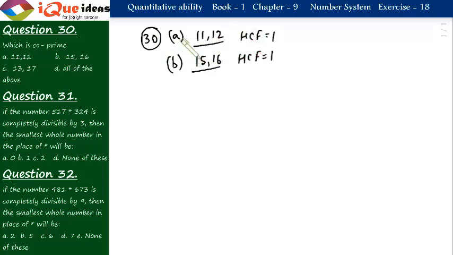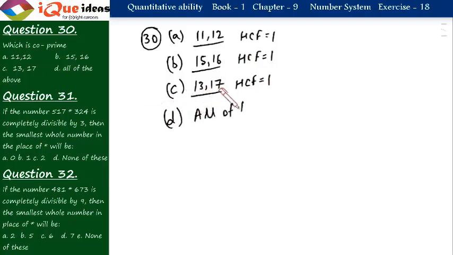You can calculate the HCF, you can see the common factor. Here both the numbers are themselves prime, 13 and 17, so HCF is automatically 1. And now the fourth option is all of the above. So the answer of the question would be all of the above. This is the answer. Okay.